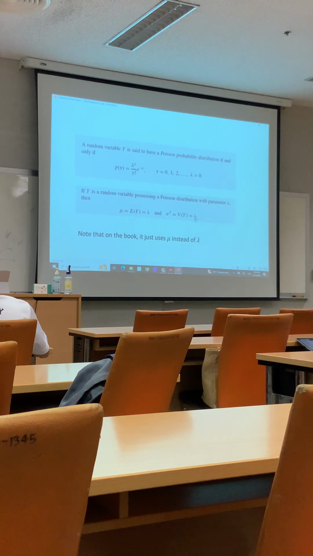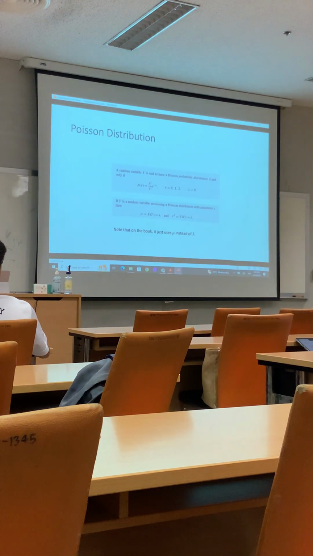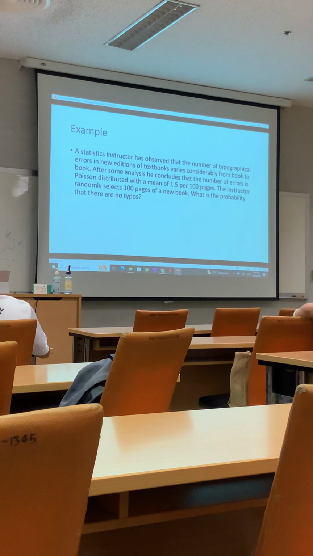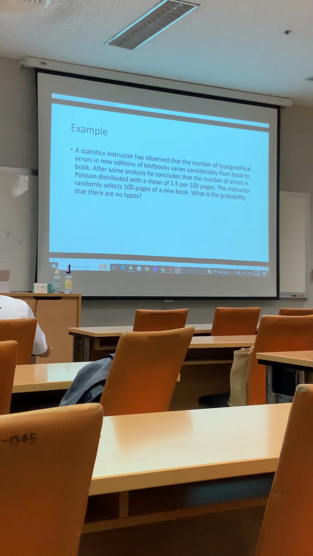Okay, hopefully when you see an example, it will become more understandable. Now, first example, again using the example from the textbook. Some analysis concludes that the number of errors is Poisson distributed.